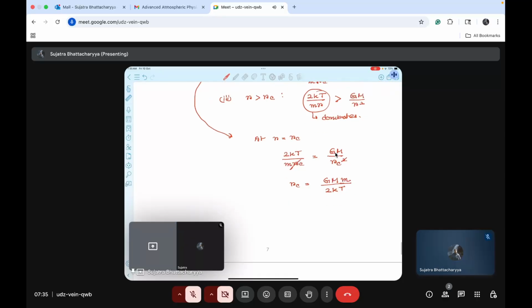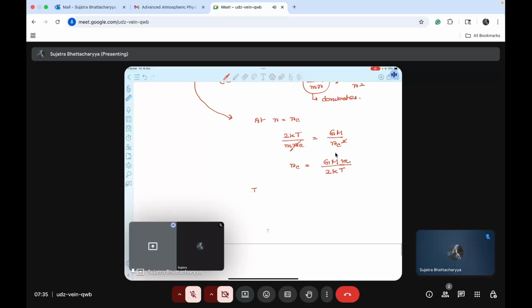Now we define the isothermal, that is at constant temperature, speed of sound. We know that the isothermal speed of sound Cs is equal to root over P by rho, which in the adiabatic case becomes gamma P by rho.